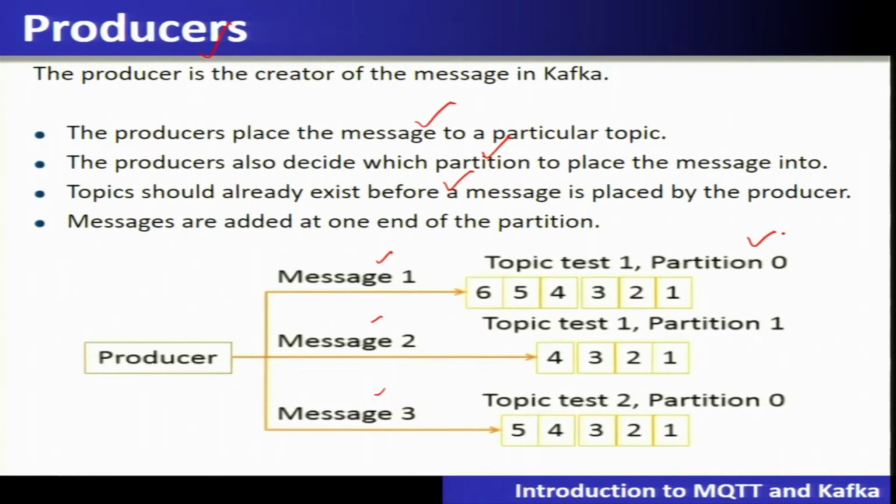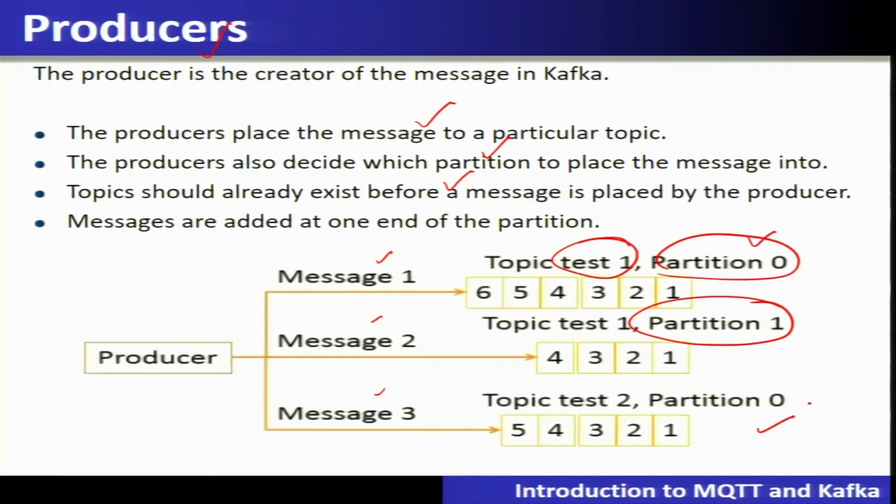For example, for message 1 there is a topic called test1, and the topic test1 has partition 0 and partition 1. So there are 2 partitions for message 1 shown in this particular example. Similarly, message 2 and message 3 are different.